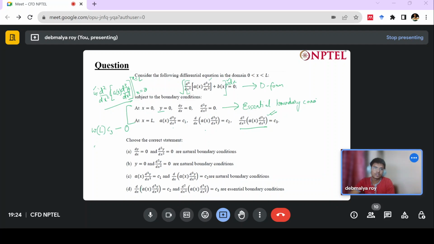Okay. And what about this y, dy/dx and d2y/dx2? What are these called? These are called the primary variables. So these y, dy/dx and d2y/dx2, these are primary variables. Okay. What about this x is equal to L? These will be called essential or natural?